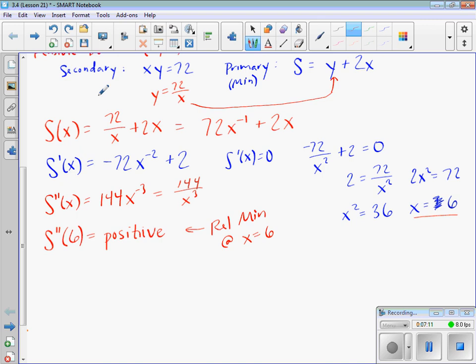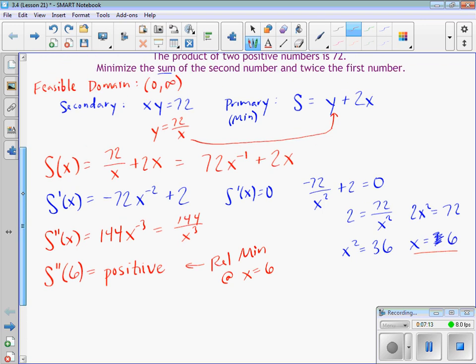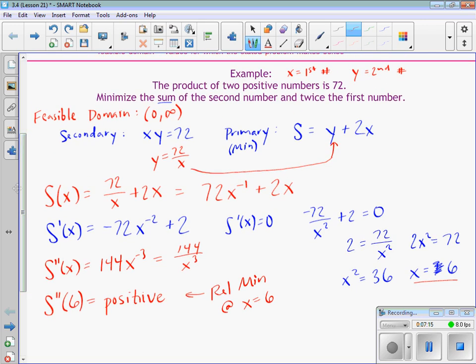Now we have to answer the question, which a lot of people kind of forget to do here. So going back up, minimize the sum of the second number and twice the first. So I actually want to find what the sum is at the end. If I know my x is 6, what's my y going to equal? 72 over 6, which gives me 12. And then I want to find the sum.